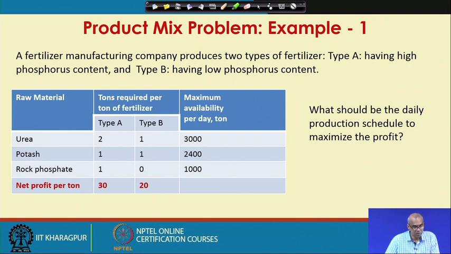So, look at the table. The raw materials used are urea, potash and rock phosphate. The tons required per ton of fertilizer type A and type B are given.